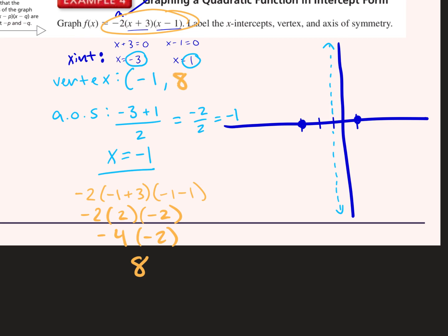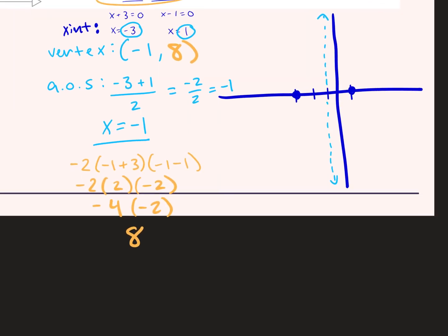So the second number of my vertex is positive 8. So I can graph that point. I stay to the left negative 1 and go up 8. And then I have my 3 points on my parabola, so I can just graph it.